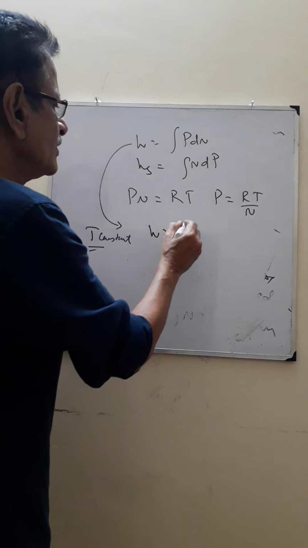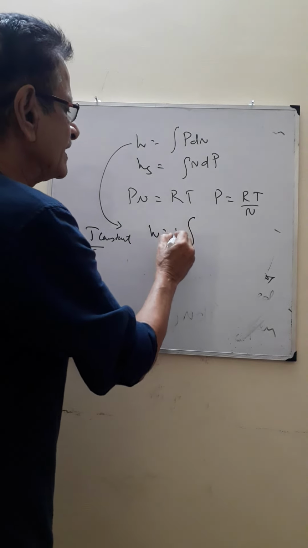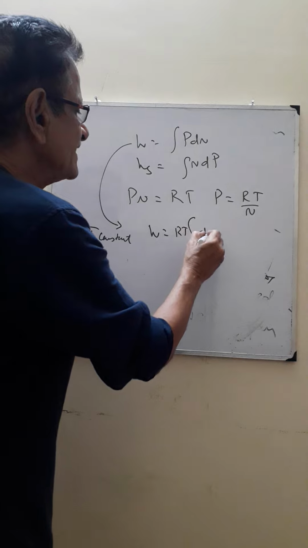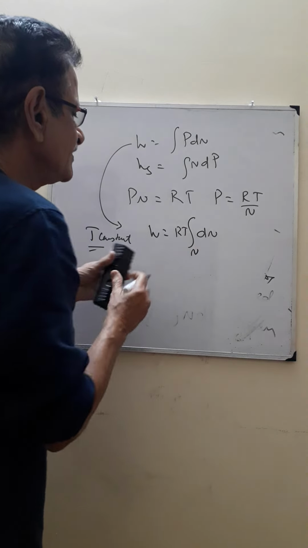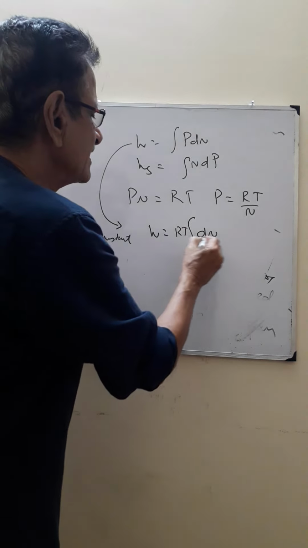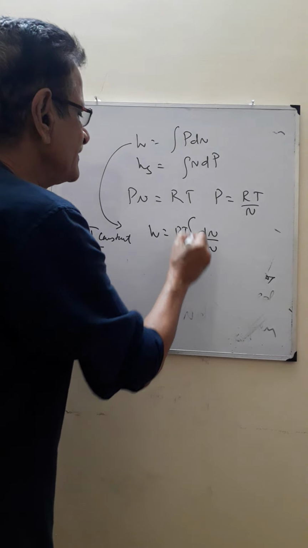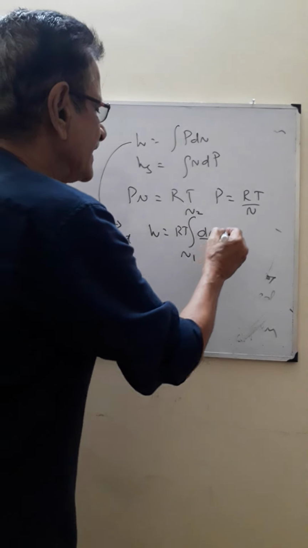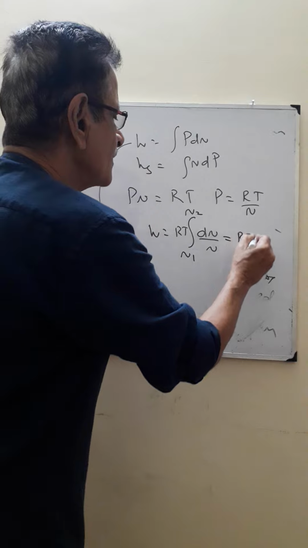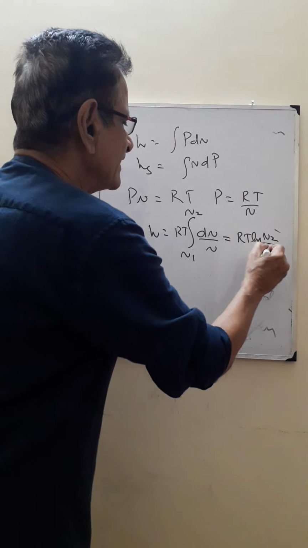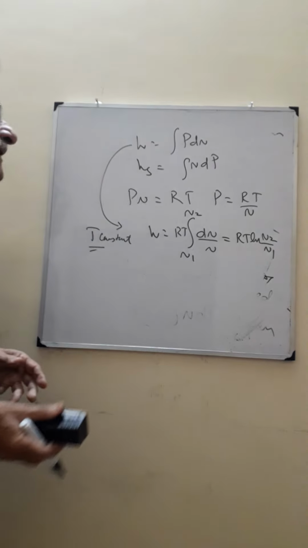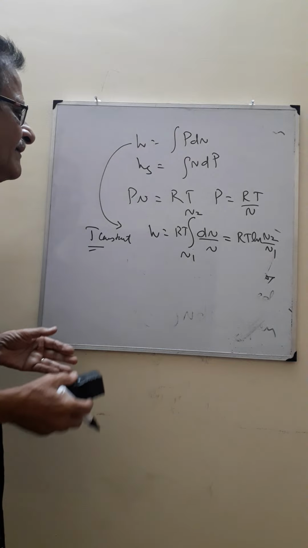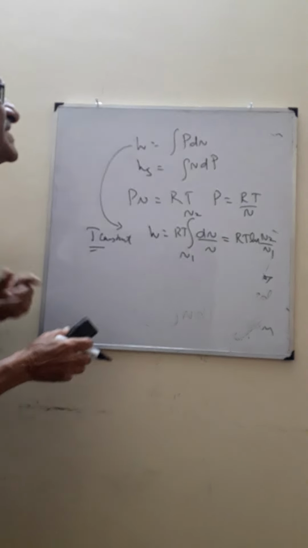So, W equal to integral RT dV by V, and the integration limit is V1 to V2. If you integrate this, you will get RT log V2 by V1. This is the work in a closed system at a constant temperature.